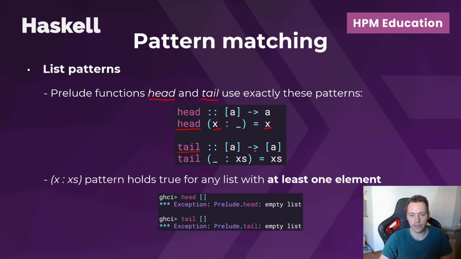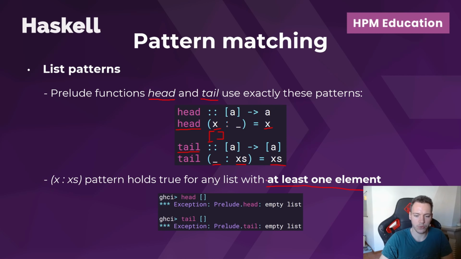On the other hand, tail, which returns the tail of the list, is going to ignore the first element of the list and just return XS, which is the tail. So this pattern holds true for any list with at least one element, as we saw. These are actually not complete definitions of head and tail, because they each have another definition for the case of an empty list.